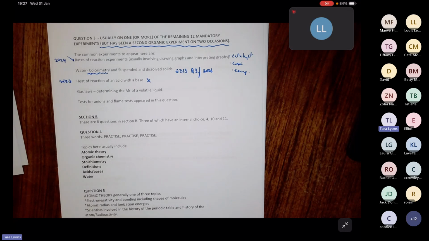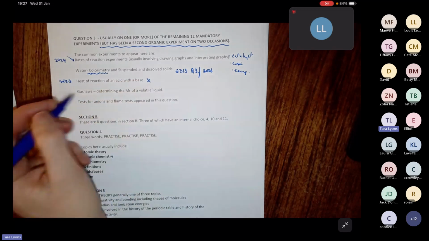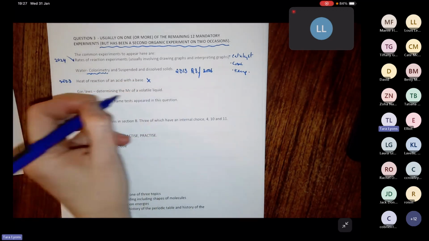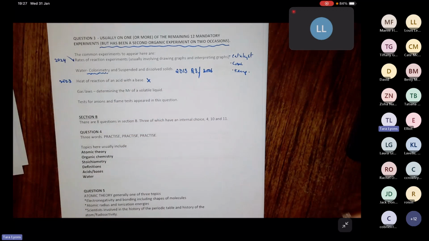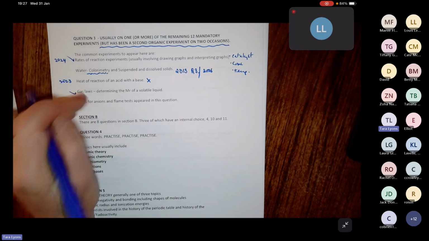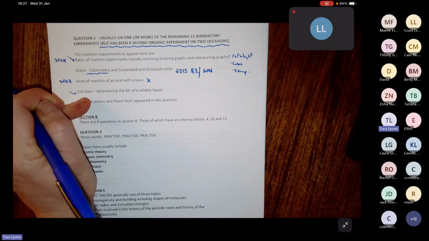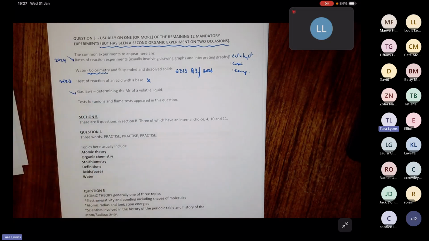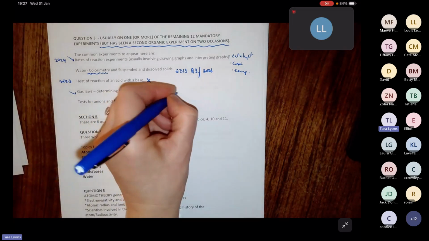Determining the molecular mass of a volatile liquid has come up a few times. So determining using a volatile liquid, using either a gas syringe or your conical flask with the tin foil and the pinhole in it, whichever method you used. Now that's been question 3 quite often. It's also a good one because you can prepare it for question 3, but it often comes up in section B as well.